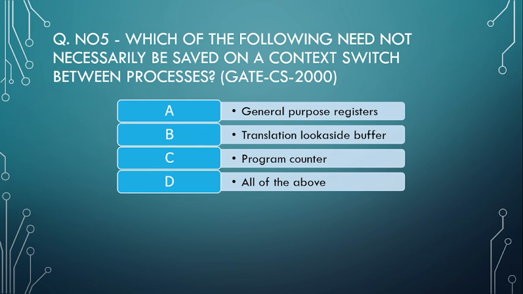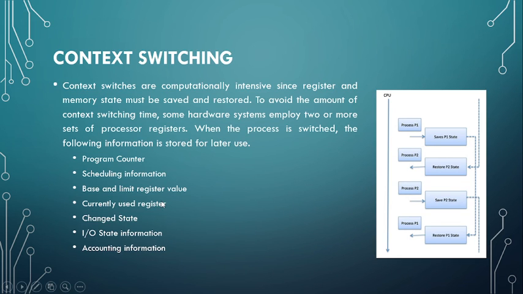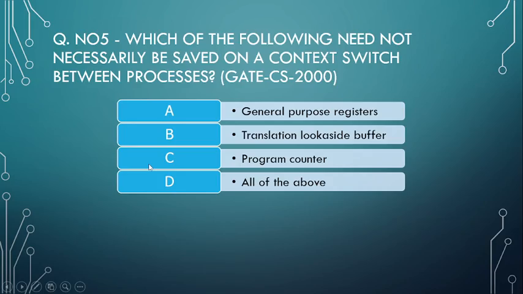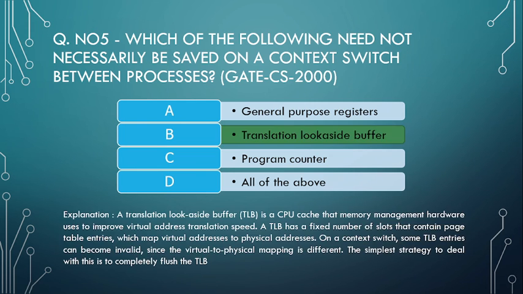We have just seen that general purpose registers and program counter are both needed. The translation lookaside buffer is a cache, which is not needed because the cache is invalidated each time we swap out a process. So the answer here is the translation lookaside buffer. It is a CPU cache that memory management hardware uses to improve virtual address translation speed. So it is not needed to be saved when we perform context switching.